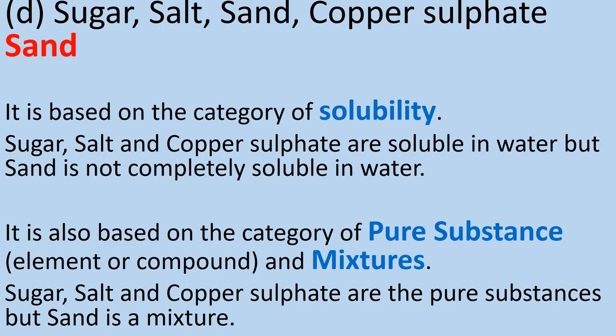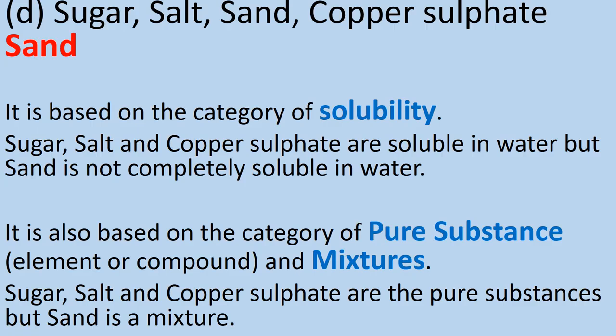D. Sugar, salt, sand, copper sulphate. Out of these, we have again pointed out sand as the odd one out. It is based on the category of solubility. Sugar, salt, and copper sulphate are soluble in water, but sand is not completely soluble in water.